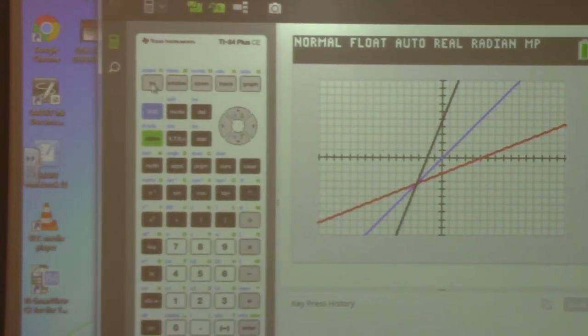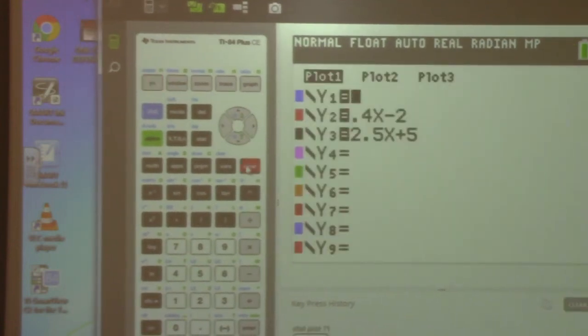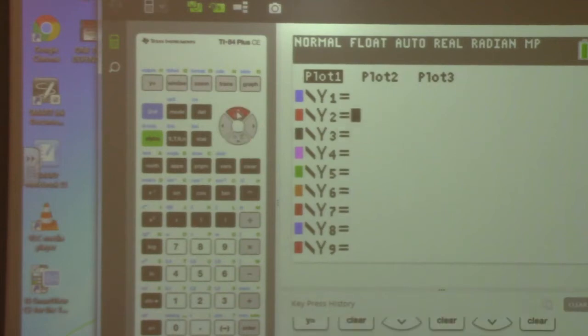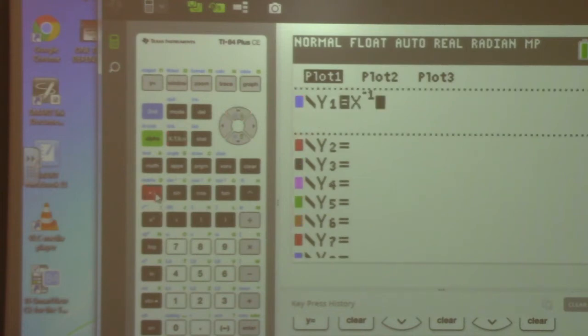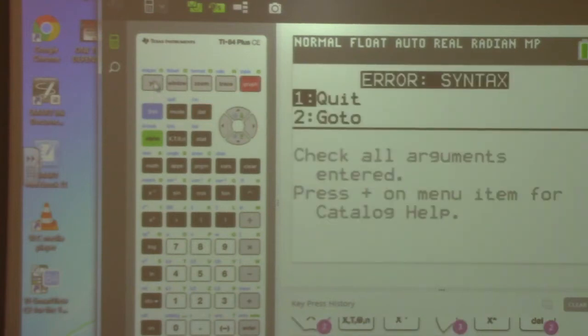All right, first thing we have is x squared, right? Whoops, that's x to negative 1. I want to put x squared. We got x squared. Okay, so we're going to look like this. Oops, check all arguments. I did something wrong.